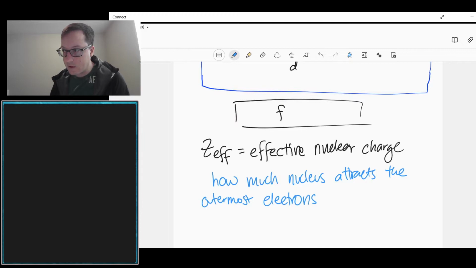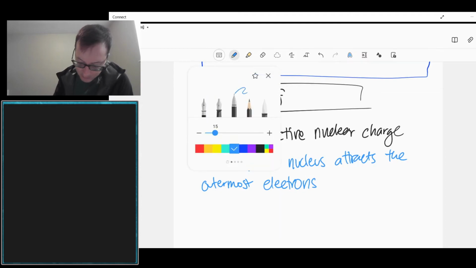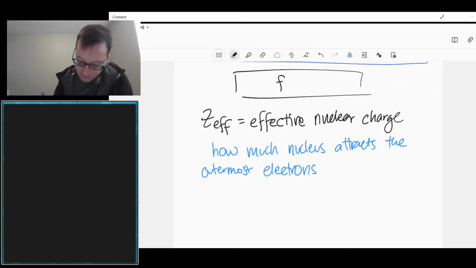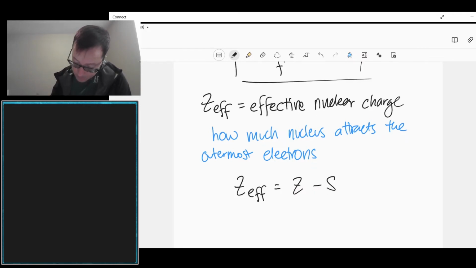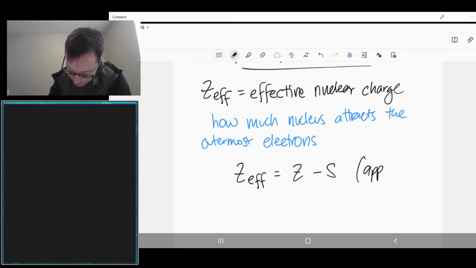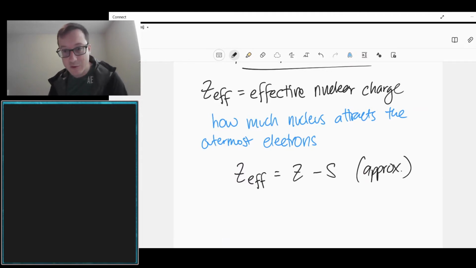Essentially, it takes into account electron repulsion as well, but it can be approximated. This is an approximation. It is not an actual calculation. And this number is not something that we're terribly concerned about knowing an exact integer value for. We can predict it, and in reality, we might see it's a little bit different, but that's okay.